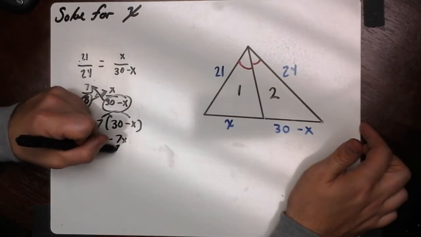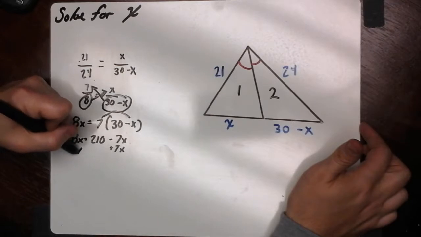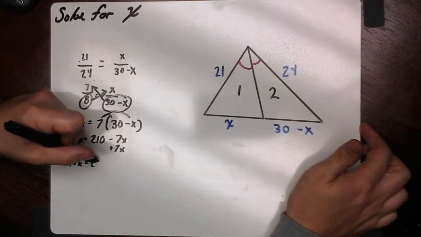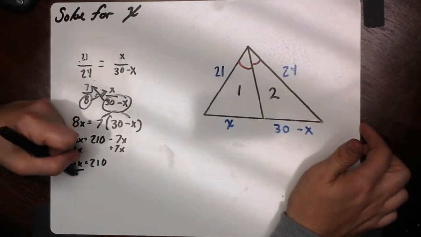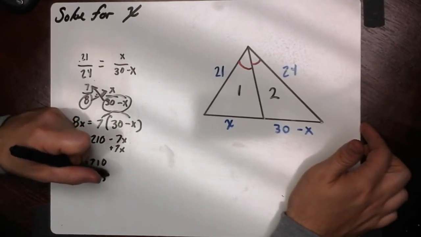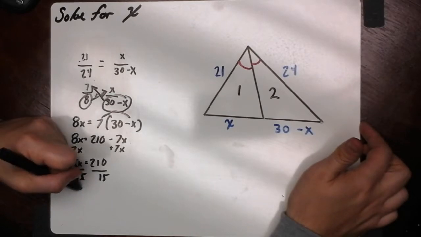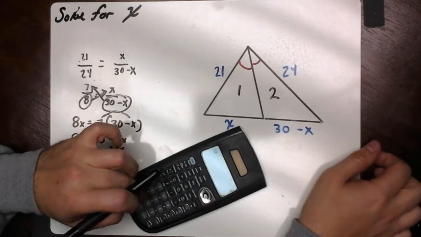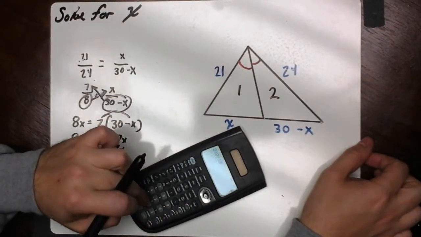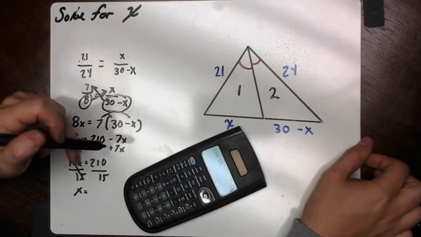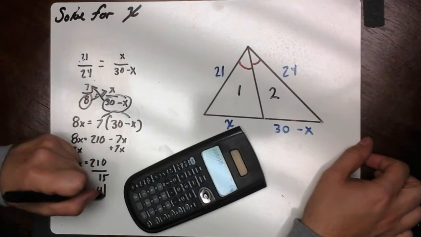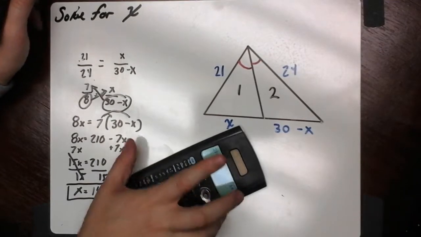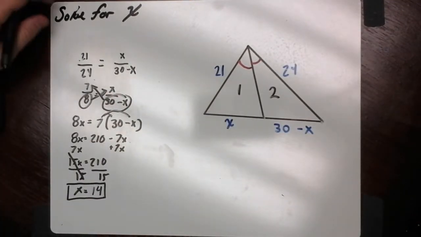Now I'm going to add the 7x, and I'm going to get 15x equals 210. Then I'm going to divide by 15, and x is going to equal, let's see what that is, 210 divided by 15 gives me 14. So x equals 14. And that's how we do that.